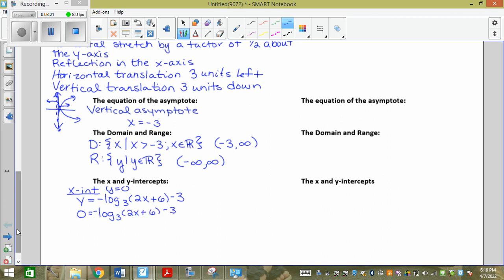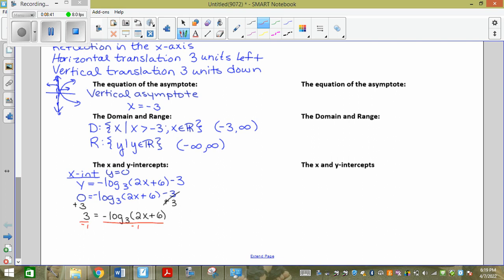The first thing I have to do is add the 3, so I can get the log by itself and convert to exponential. So I get 3 equals negative log base 3 of 2x plus 6. I still don't have a log by itself because I have this negative 1 sitting in front, so I'm going to divide by negative 1, and I get negative 3 equals log base 3 of 2x plus 6.